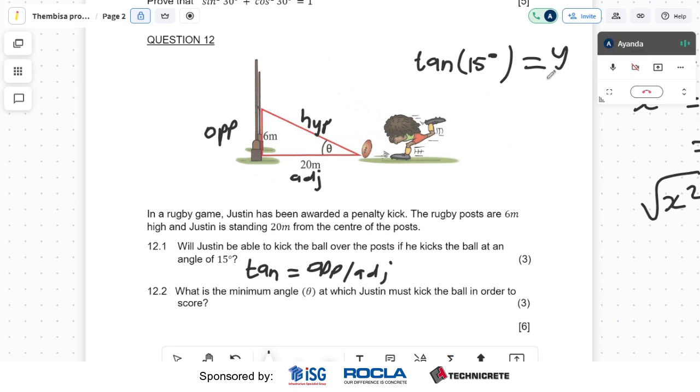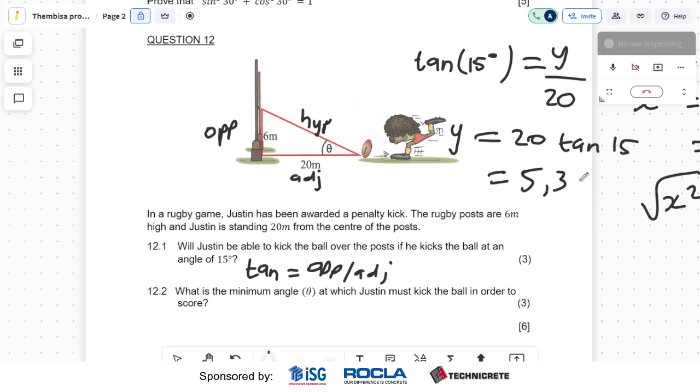So that's going to give us a y value, and we know the 20-meter distance. So we can rearrange this and we find that y is equal to 20 times tan 15. If we use our calculators, 20 times tan 15 gives us 5.36 meters. So remember that the posts are 6 meters high. So Justin won't be able to score because it doesn't reach 6 meters. No.